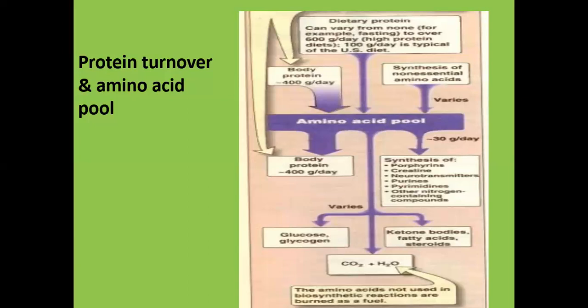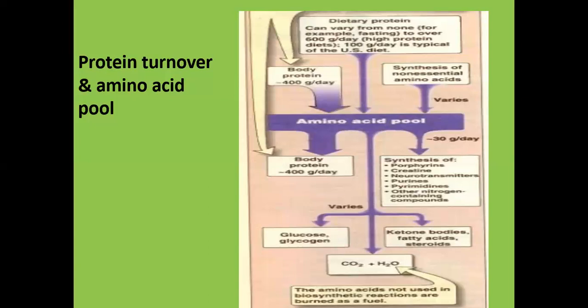We have to explain how much protein is degraded each day and where these degraded proteins go or how they are utilized. In this context, we are actually explaining the turnover of the protein.